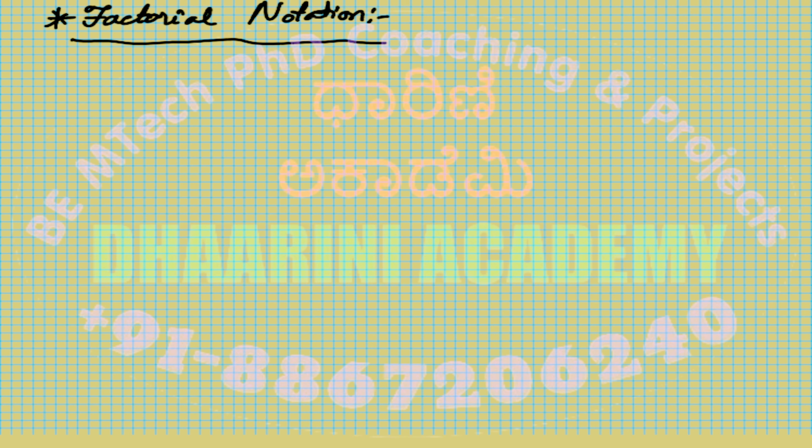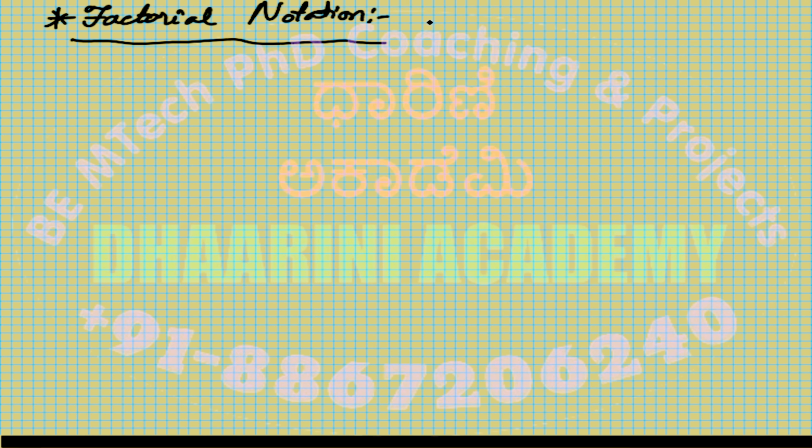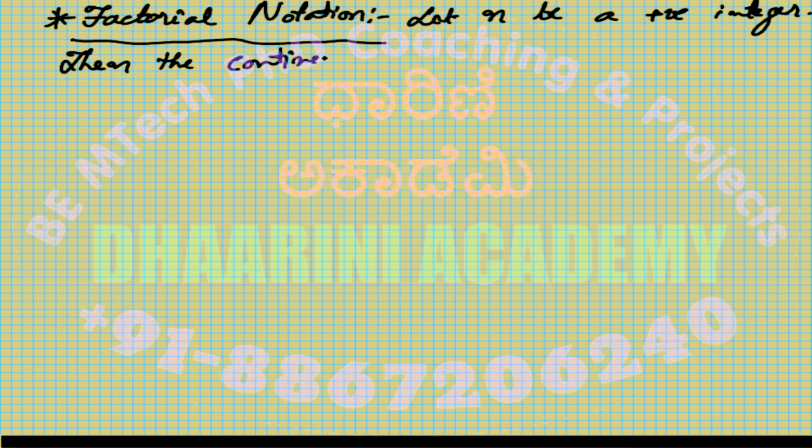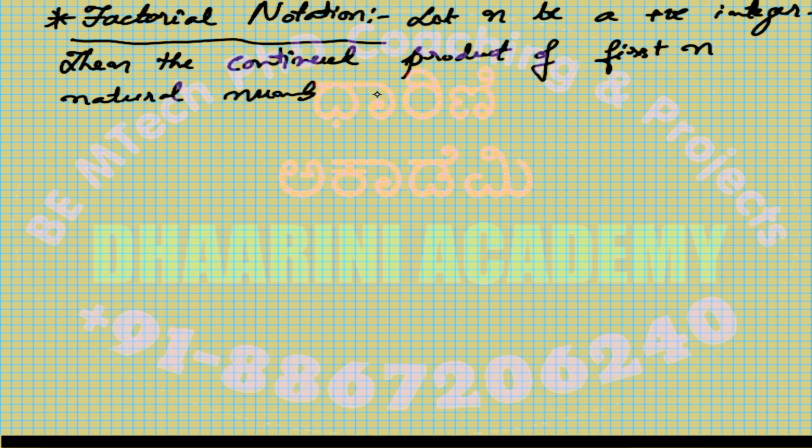Okay, now let n be a positive integer. Then the continued product of first n natural numbers.